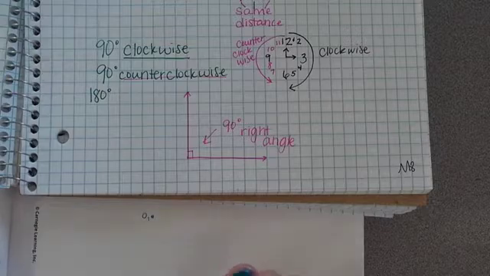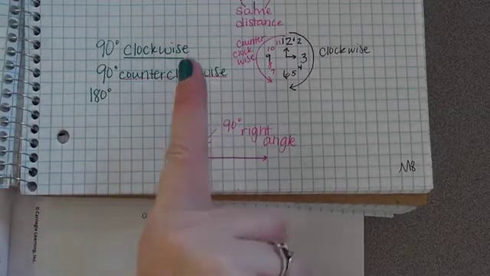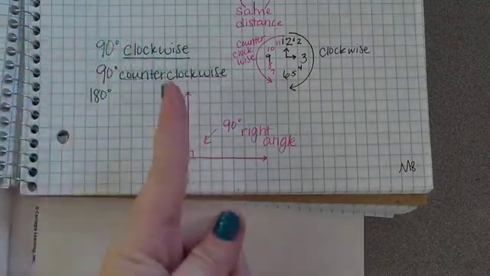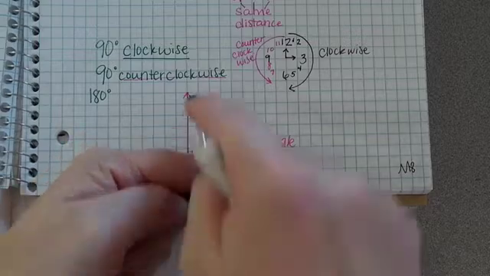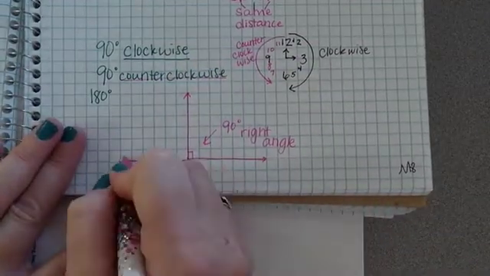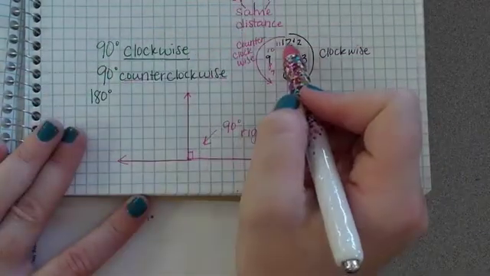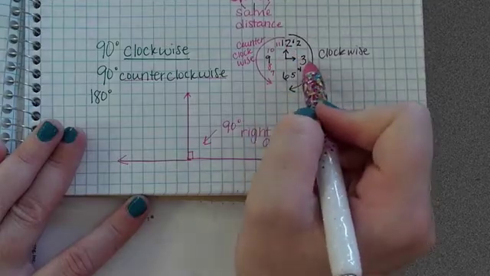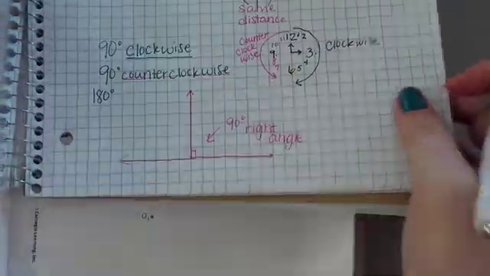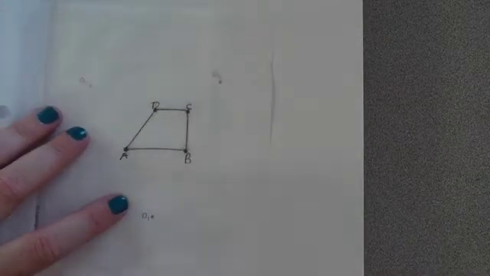Okay, so what you're going to notice is, in a minute, we're going to draw some lines, and you're going to take whatever line is this direction, and you're going to rotate it to either this way, 90 degrees, if you're going clockwise, or you would go this direction if you're going counterclockwise. So it's like going from the 12 o'clock to the 3 o'clock, or from 12 o'clock to 9 o'clock if you're going counterclockwise.